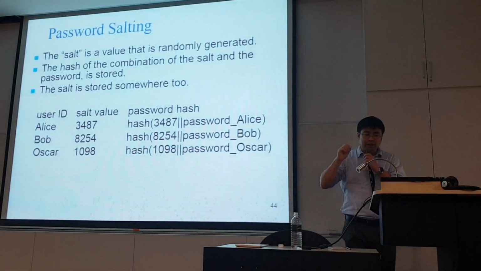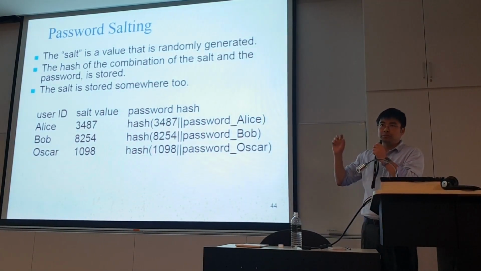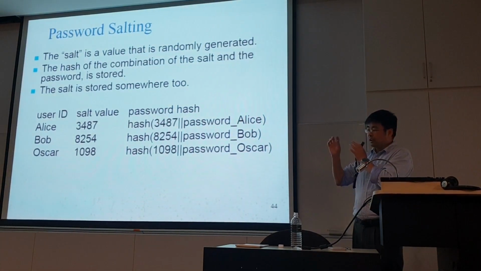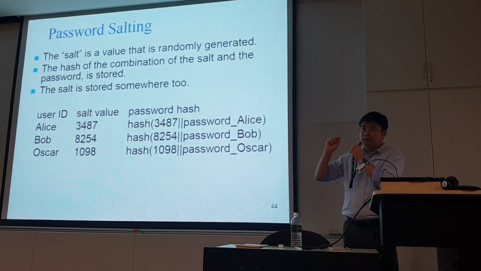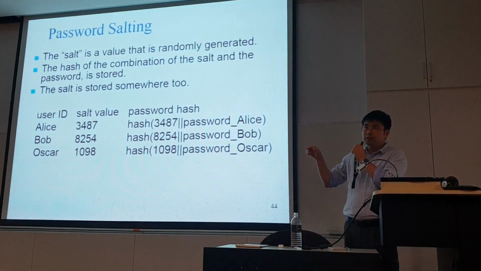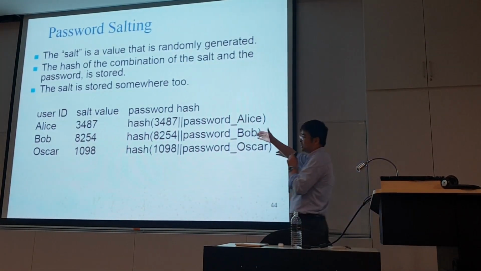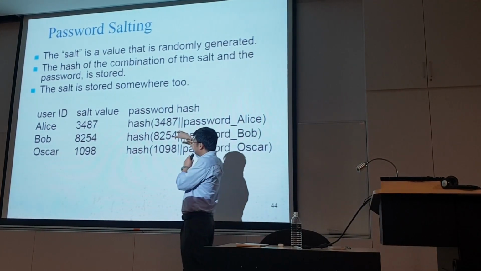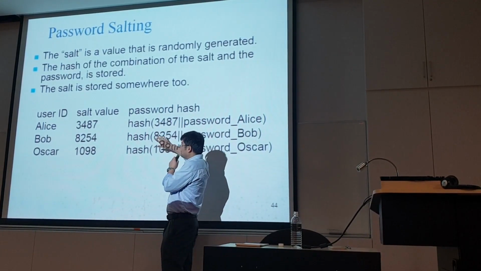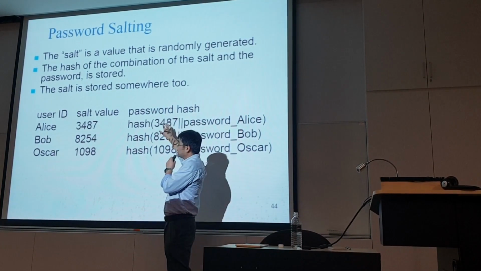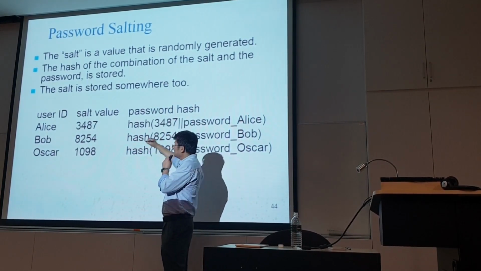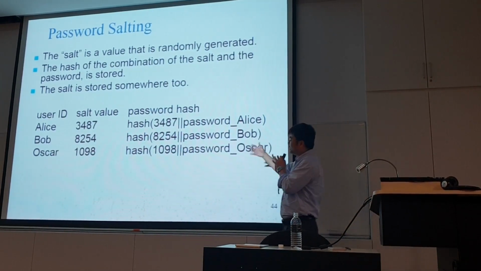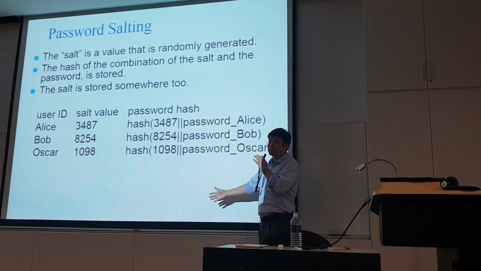Then when the attacker tries one password from the dictionary they built, the attacker hashes the password, and then can check against all the users. Because all the users only store the hash of the password. Suppose we don't use salting. Then the attacker tries one password, hashes it, and can compare against a list of users.